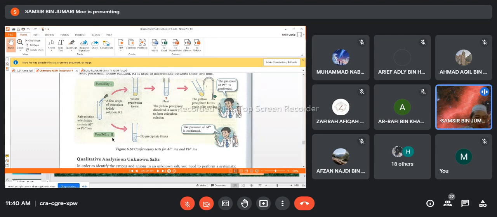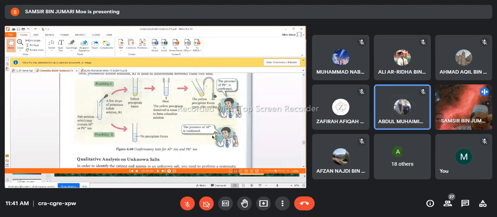Maknanya ini satu reagent atau satu kaedah to distinguish the presence of the lead 2 ion or aluminum ion in the salt solution. Boleh faham tu setakat ni? Okay, Muhaimin. Okay, teacher.